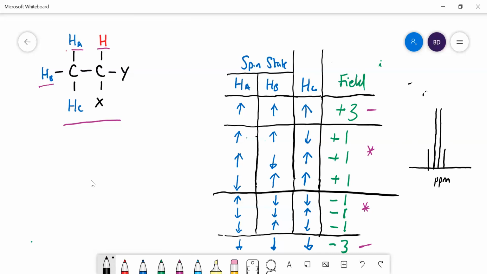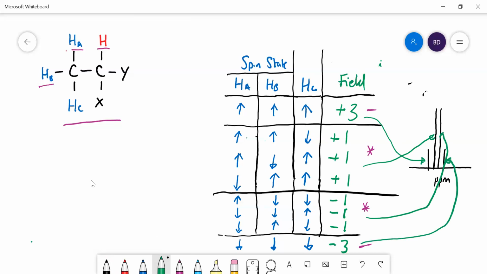So that one is that small peak there. This one is going to be that one. That one is going to be this tall one. And finally, that's going to be the little one down there. And that is our quartet. And if we look at quartets in the spectrum, they always look a bit like that. The two middle ones, 3 times as high as the ones at the side.